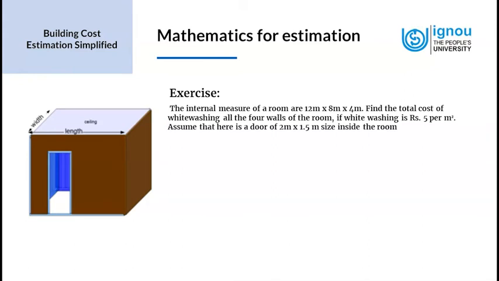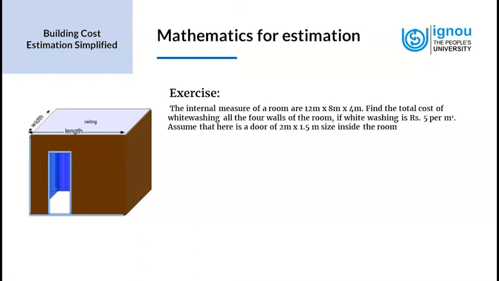Now we look at the application of these measurements, how we apply it in a project of estimation. Usually when we want to do the whitewashing or distempering of a room, we use the calculation to find out the measurements. So we have the internal measurement of a room as 12 meters by 8 meters by 4 meters.